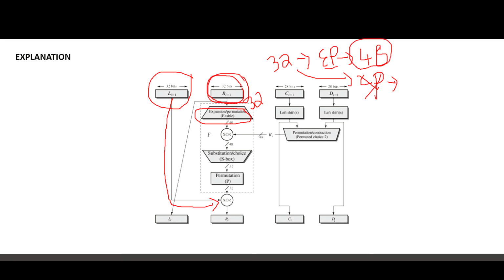Okay, so the XOR gate input, one part is 48. Here we can see that we have C1 and D1, which get a left shift, and we give them into the permutation compression, that is PC2. We know that the PC2 input is 56, that is 28 and 28.